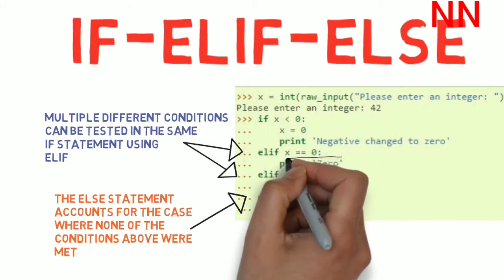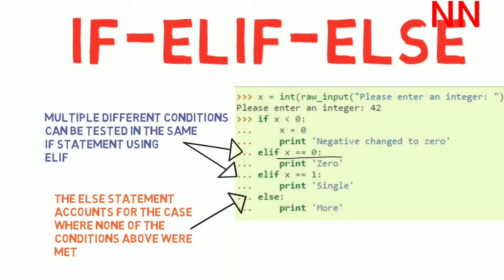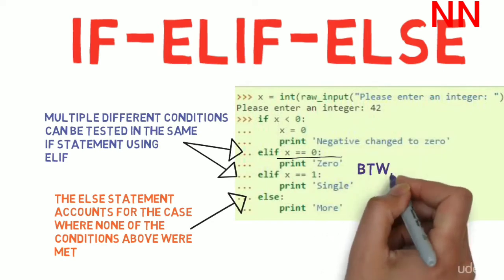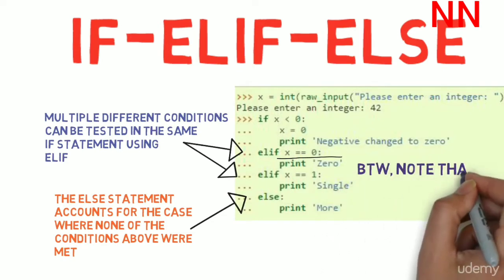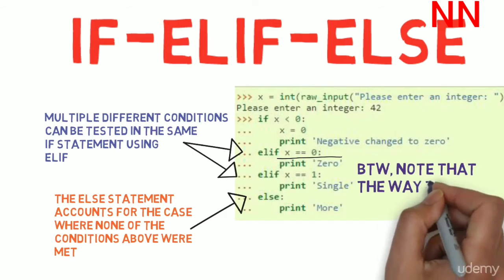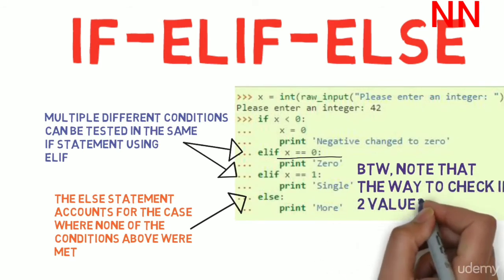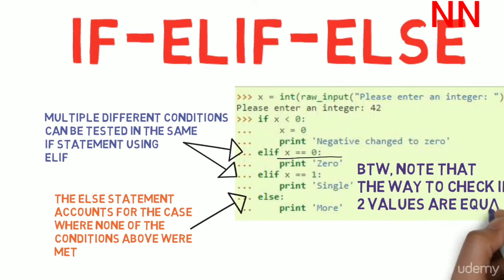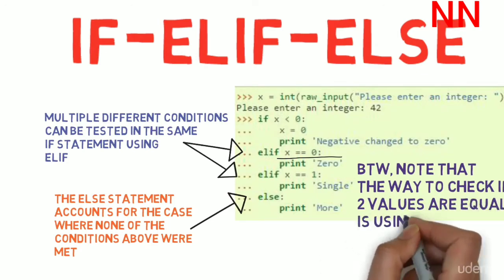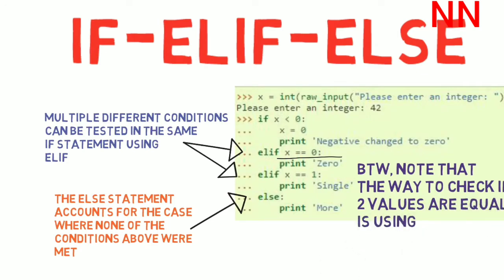Notice how we're checking whether two values are equal using the double equals sign. So the way to check if two values are equal is to use the double equals sign.